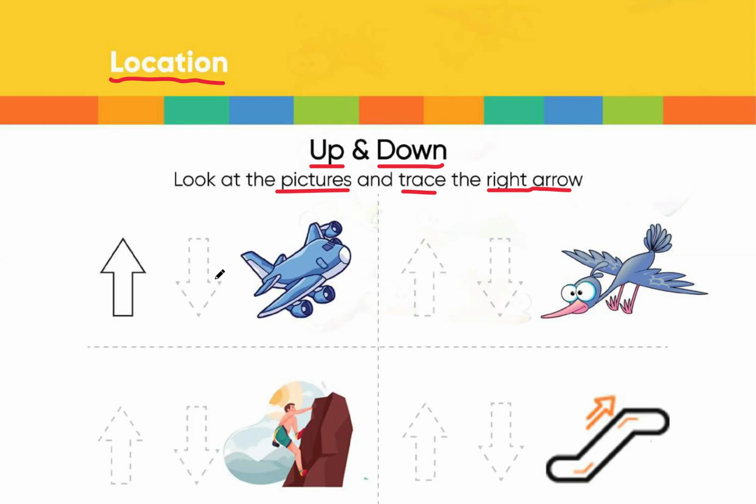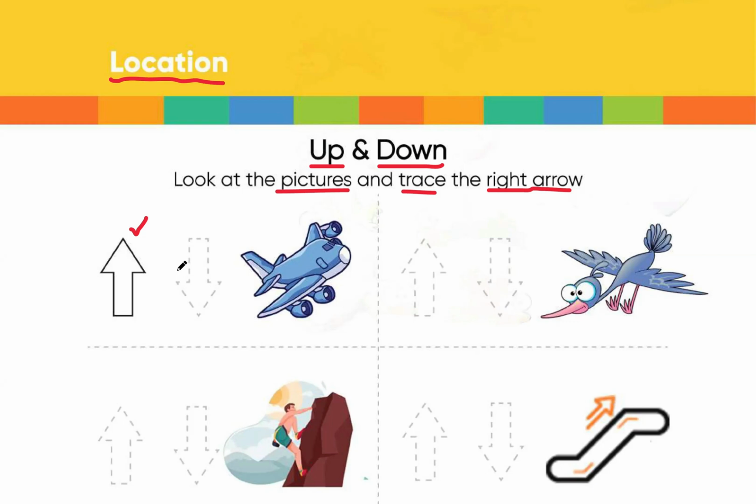This arrow is pointing in the downward direction and this one is not traced, but this one is traced. So if the object is in the upward position, that means that you have to trace the arrow which is pointing in the upward direction.